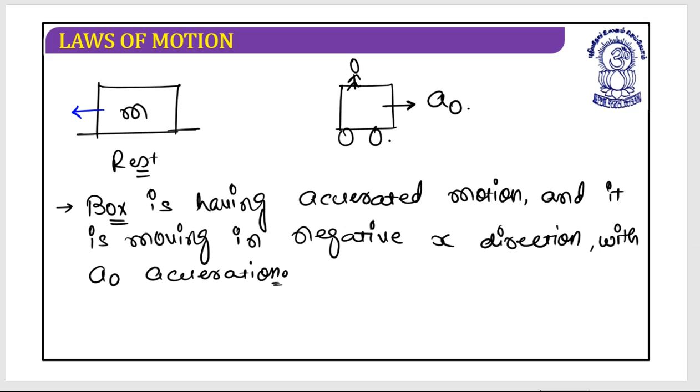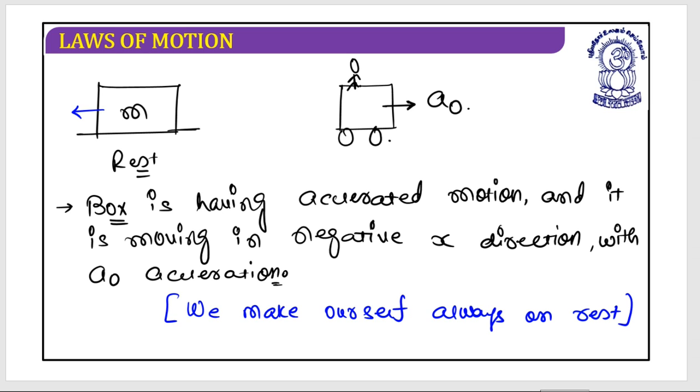Now, why do you feel this? Because we always make ourselves at rest. In reality, you are moving with acceleration a naught, but what you feel is that you are at rest and the box is moving outside.